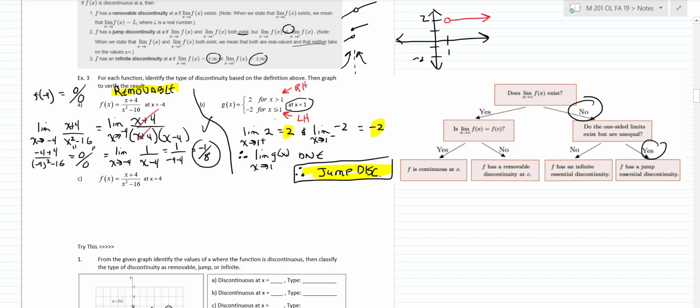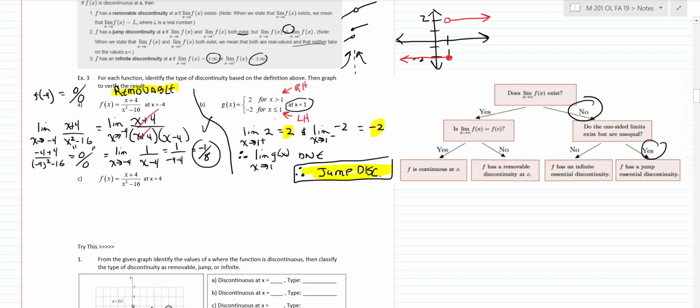And then if x is less than or equal to 1, the function takes on the value of -2. So you can tell by that graph that that's clearly a jump discontinuity. That's how the mathematics works. The limit did not exist, and the one-sided limits exist, but they're unequal. That's why it's a jump.